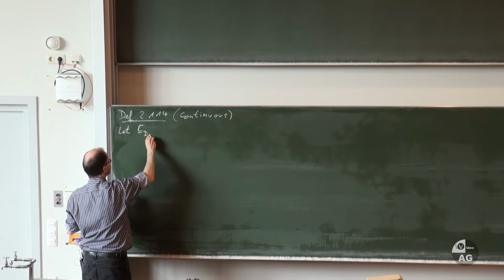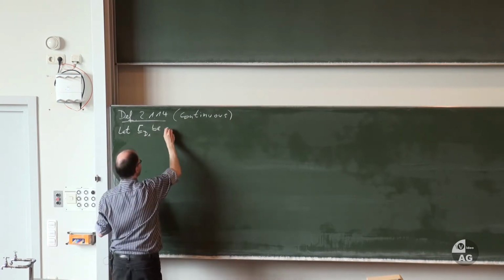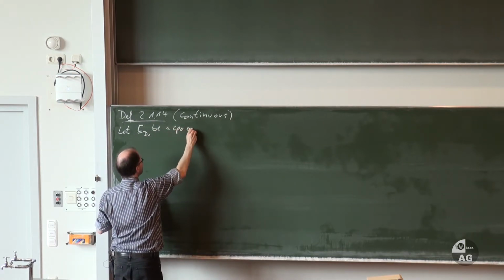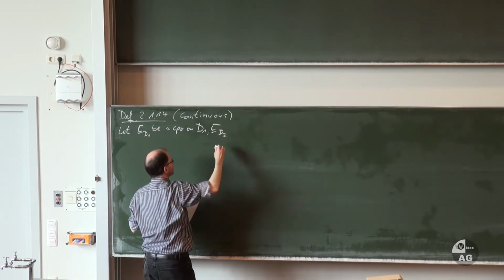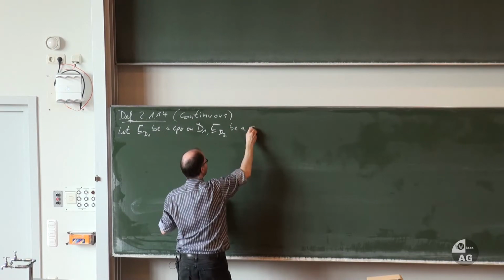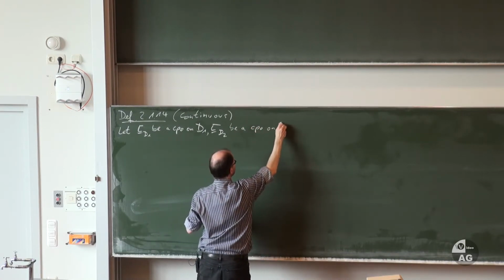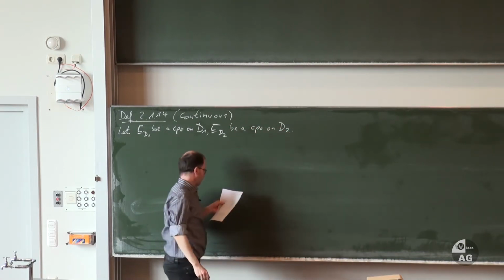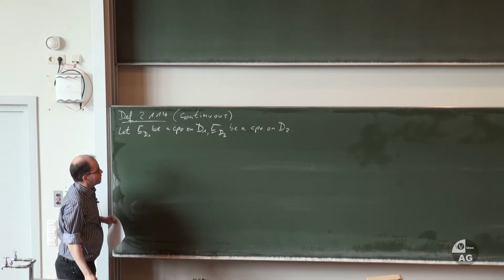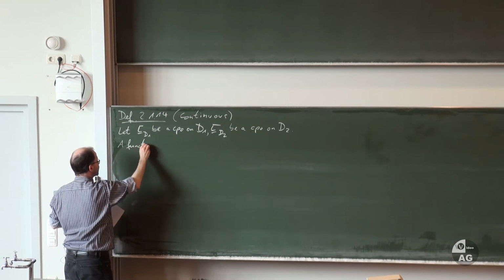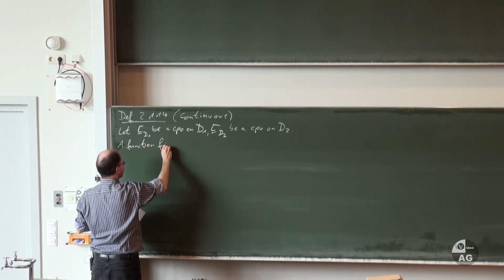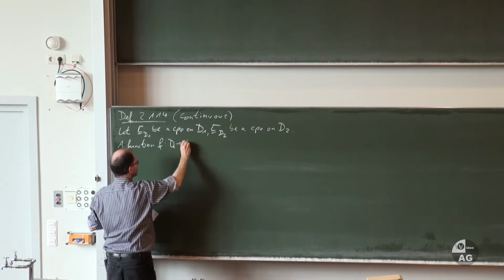So let this be a CPO on d1, and let the less defined or equal relation on d2 be a complete partial order on d2. And now we have a function f from d1 to d2.